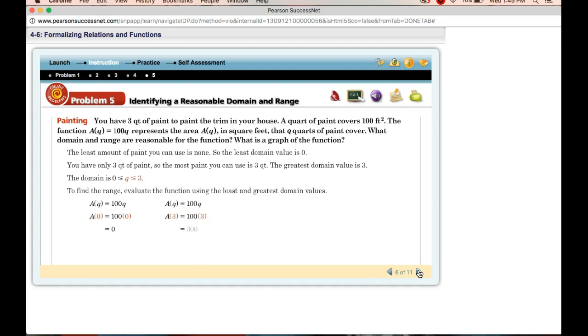And 3 quarts of paint cover 300 square feet of trim. If you use between 0 and 3 quarts of paint, the range of trim covered is between A of 0 and A of 3 square feet. So the range is 0 is less than or equal to A of q, which is less than or equal to 300.